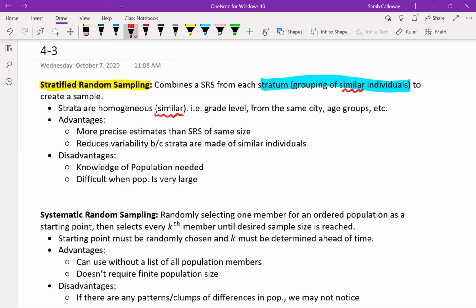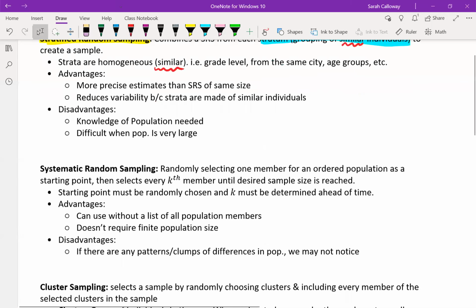So by ensuring that you're looking at the same number of people from each type of group, you're reducing that variability. The disadvantages to stratified random sampling is that a knowledge of the population is needed because you have to put them into these groups. So it is difficult when the population is very large to use stratified random sampling.